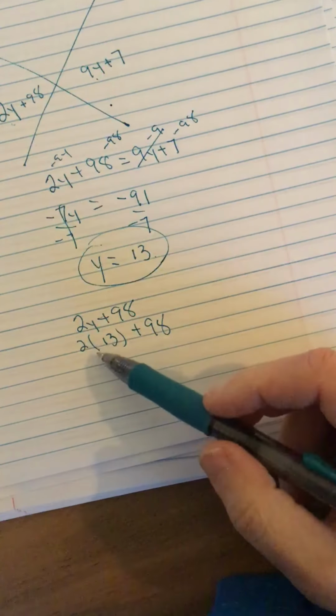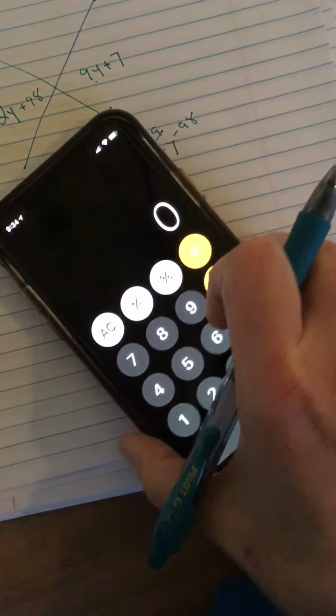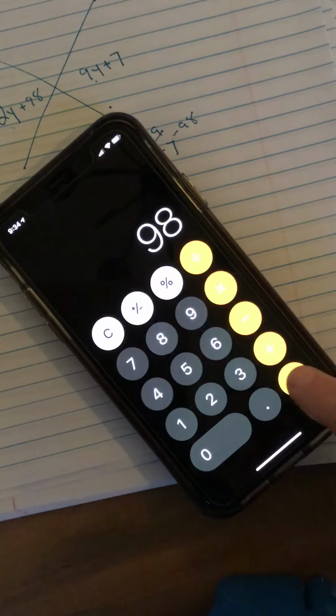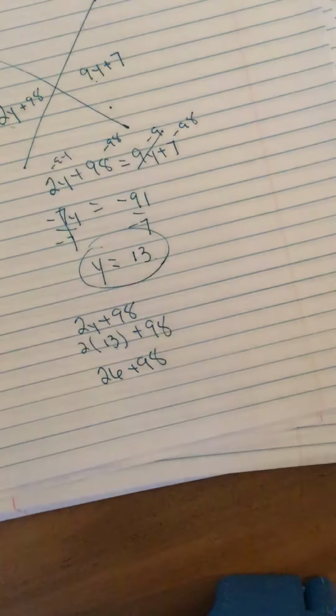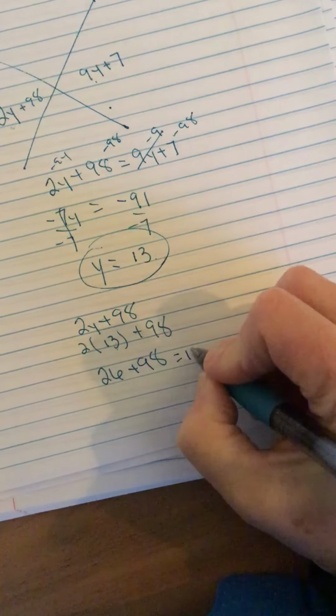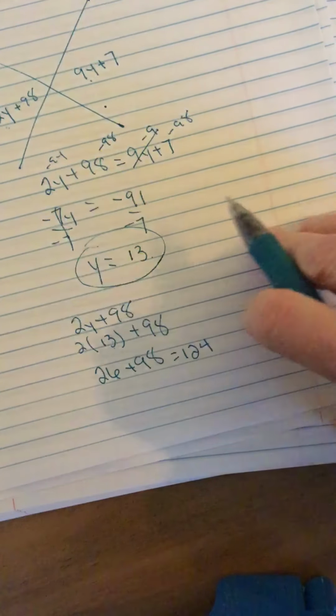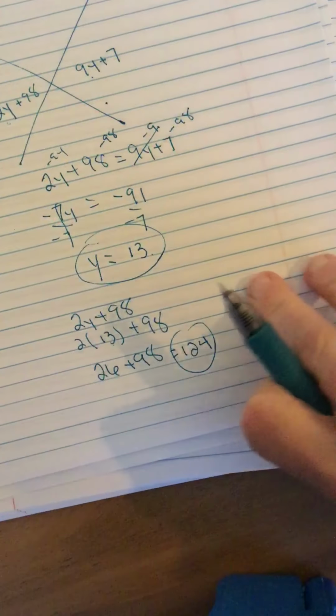So this becomes a 26 plus 98. And I'm grabbing my handy dandy calculator and I'm doing 26 plus 98 equals 124. So the measure of both angles is 124.